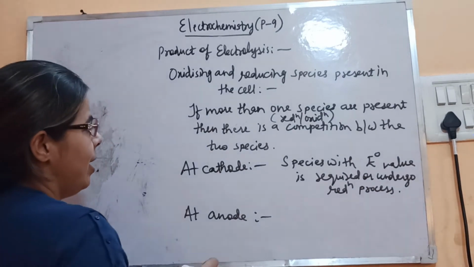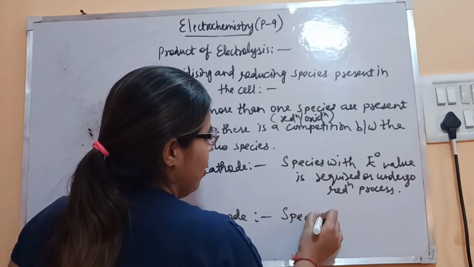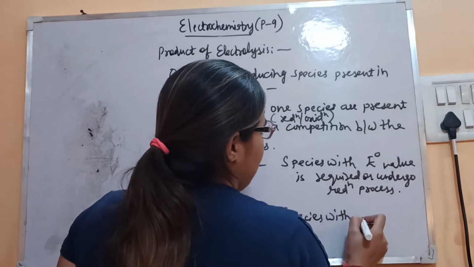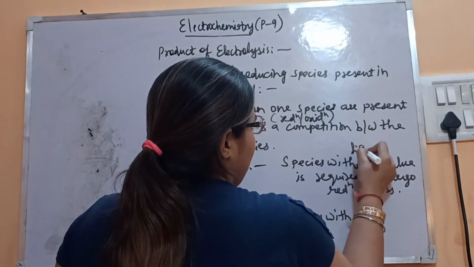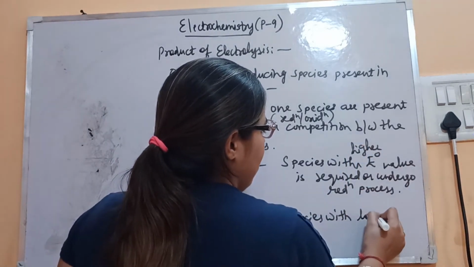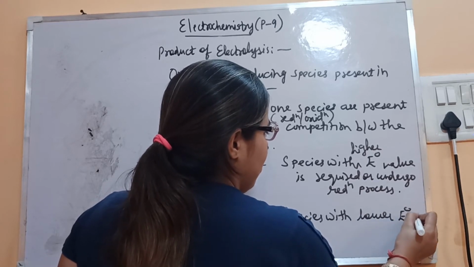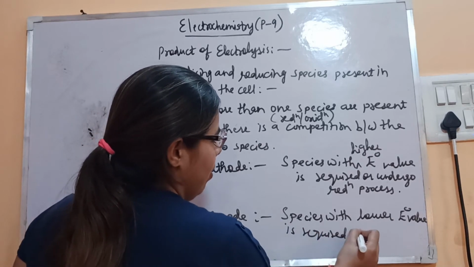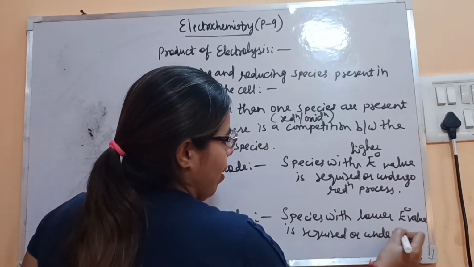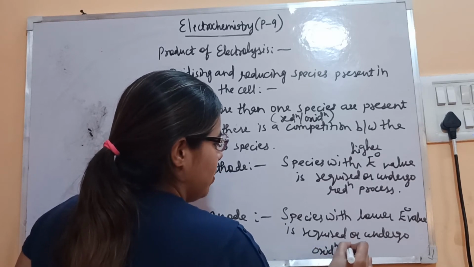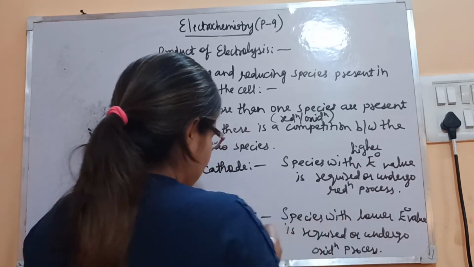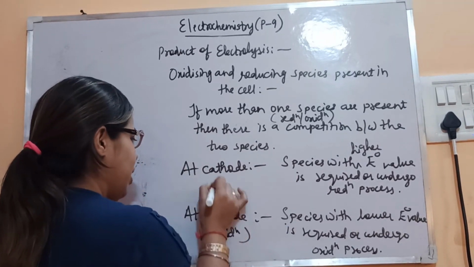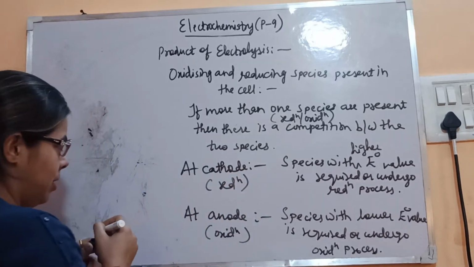And at the anode, a species with lower E0 value is required or undergoes the oxidation process. Fine, because at the anode oxidation takes place and at the cathode reduction takes place.